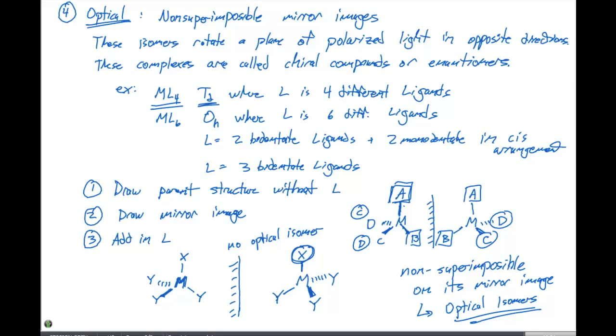And this fits into the first example that I gave up here, where you have an ML4 tetrahedron where you have 4 different ligands. Yes, Zach? I just can't see, like, why couldn't you just flip that and kind of, like, match up? Like, it looks like you just flip that, like, all the way. But the only way to match up A and B would be to take these right here and flip them around like this.